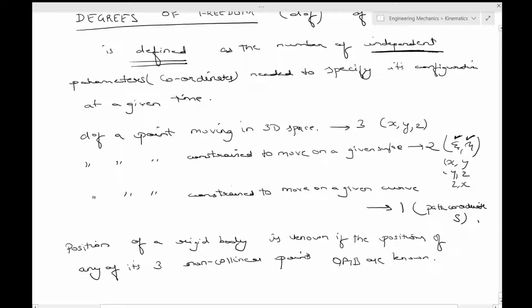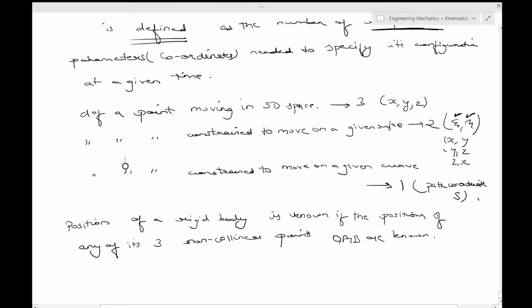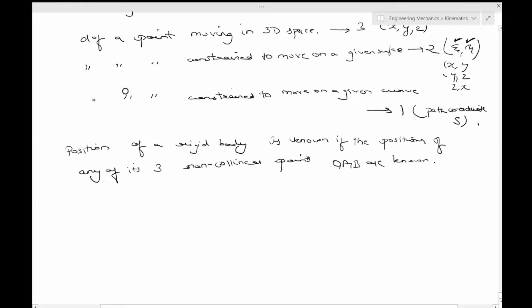So if I can draw, let me just draw these three points O, A and B. These are three non-collinear points, and if their positions are known, let's call this B, let's call this A, then I know the position of a rigid body.